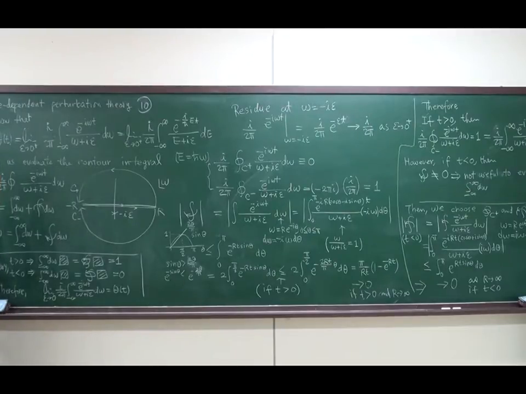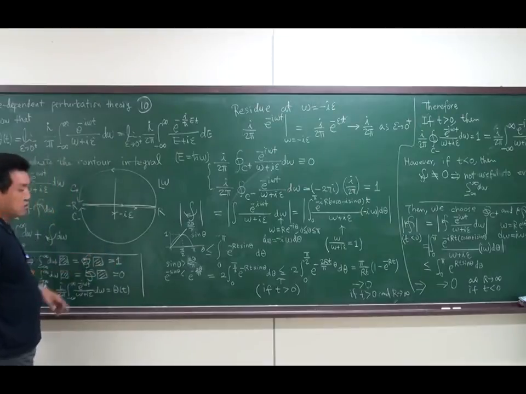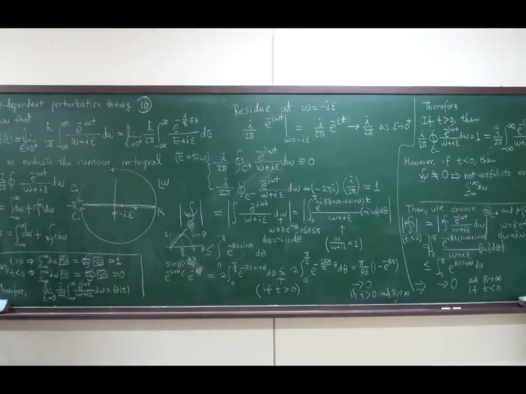If we close the contour along the lower half plane, that contour integral is non-vanishing. In the upper half plane, this contour integral is 0, and a non-zero value can be found when we close the contour in the lower half plane.